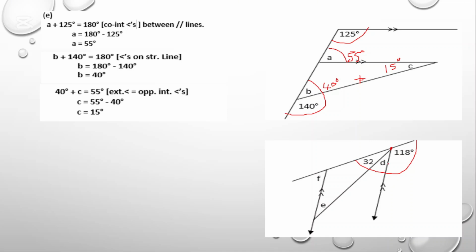That's the way I can find D. Right. So D plus 118 plus 32 degrees is equal to 180 degrees. Angles on a straight line, and D is equal to 180 minus 118 minus 32, and D is equal to 30. So I have my 30 there.